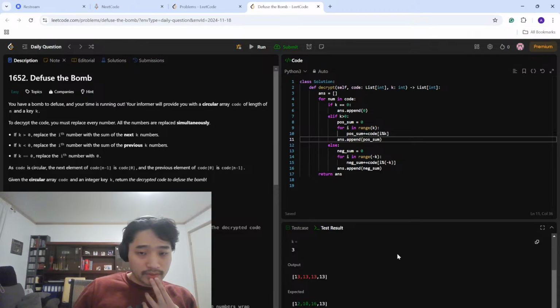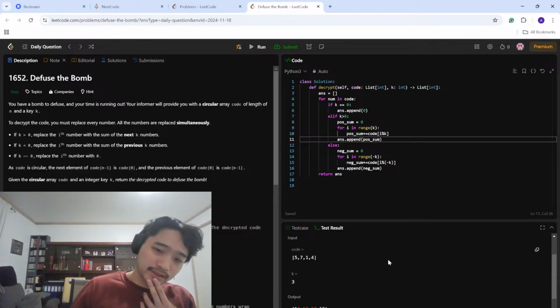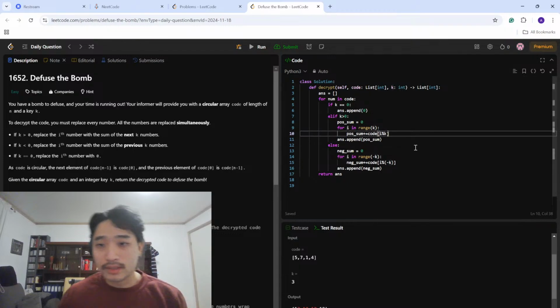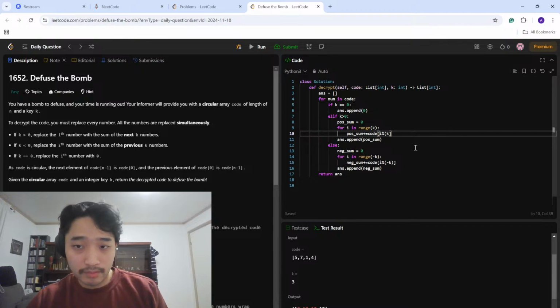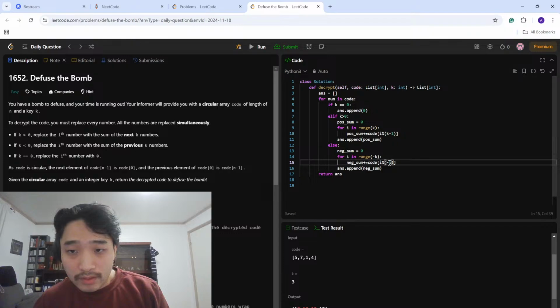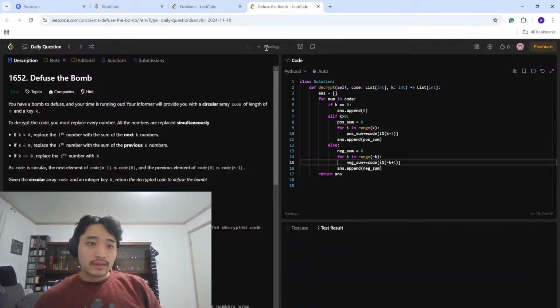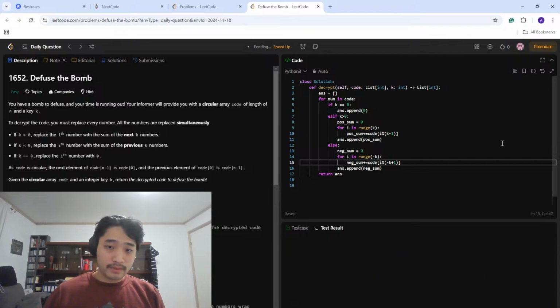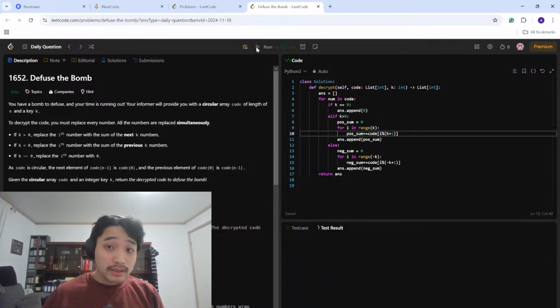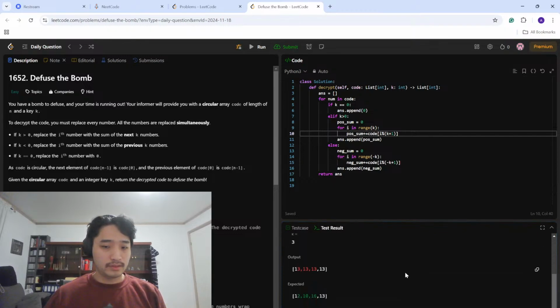Why is this incorrect? How did I do this? It's like k minus 1. Plus 1? Yeah, it's plus 1. Shouldn't it?